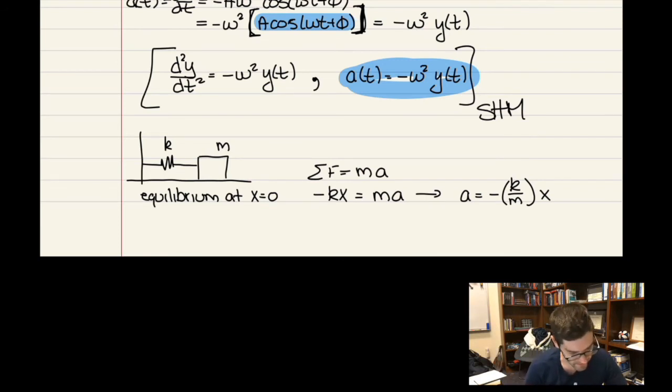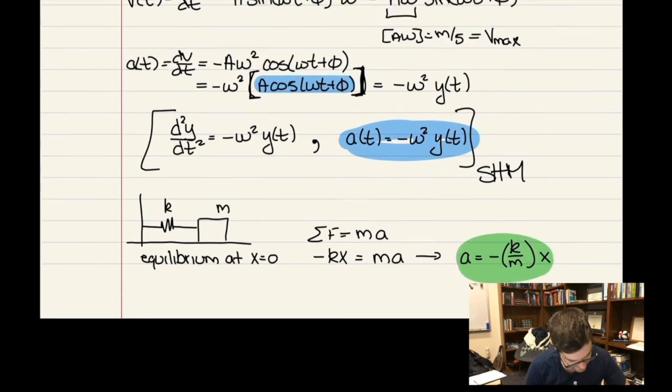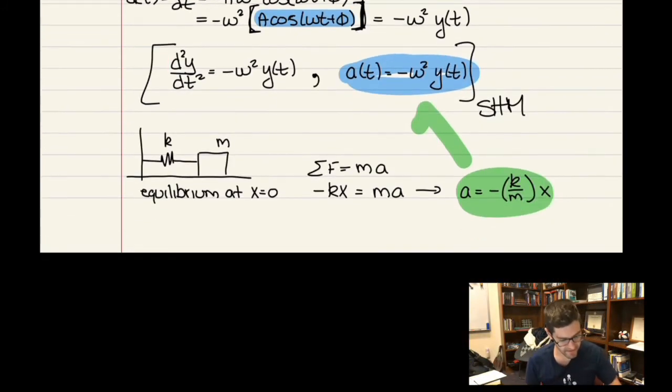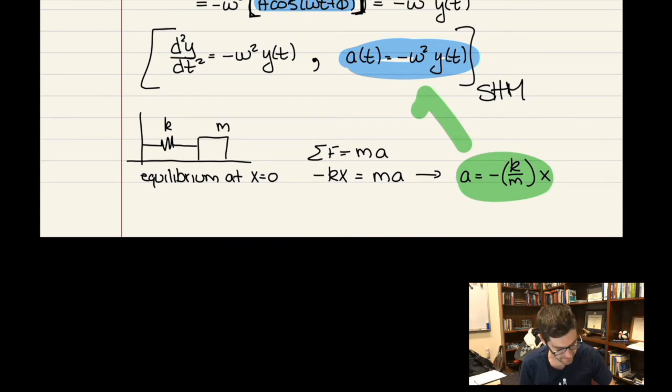And now I say, compare this with this. I said simple harmonic motion is when you can write the acceleration equals negative a number times position. What I've highlighted in green here is saying that the acceleration is negative some number times the position.